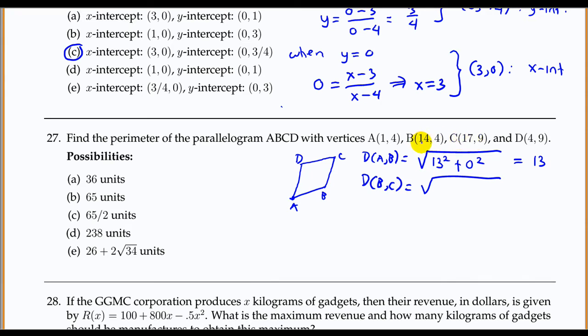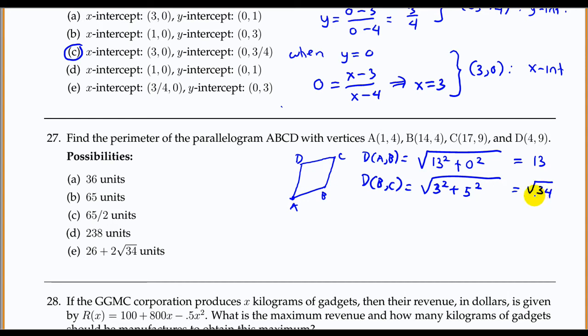So 17 minus 14 is 3, 3 squared, plus 9 minus 4 squared is 5 squared. 9 plus 25 is 34, so this is square root of 34.